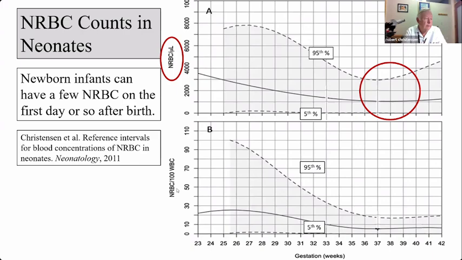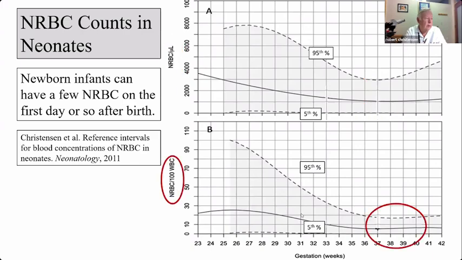Now, the same principles apply to this one, which is nucleated red cells per 100 white cells. And the 0 nucleated red cells is perfectly normal. On average, they have maybe 6 or 7, with an upper reference interval of perhaps 13 or 14. So above 13 or 14 is above the 95th percentile, hence abnormally elevated.